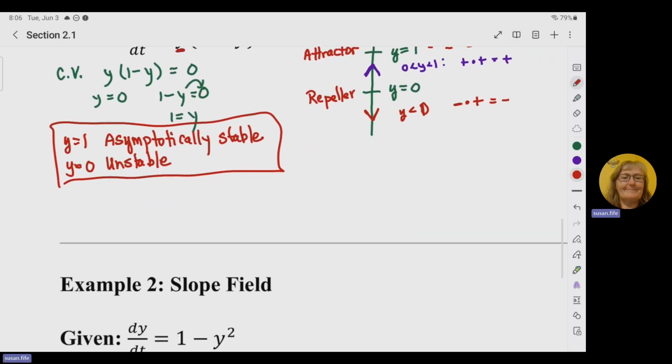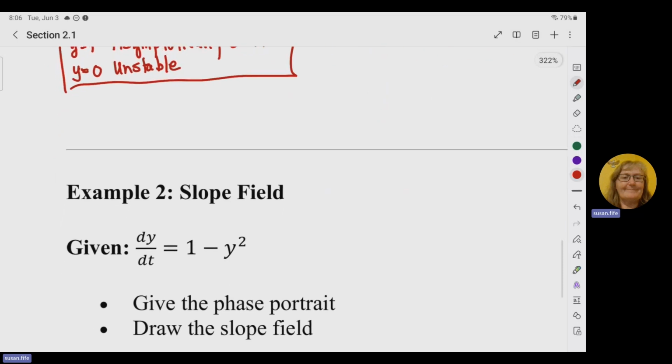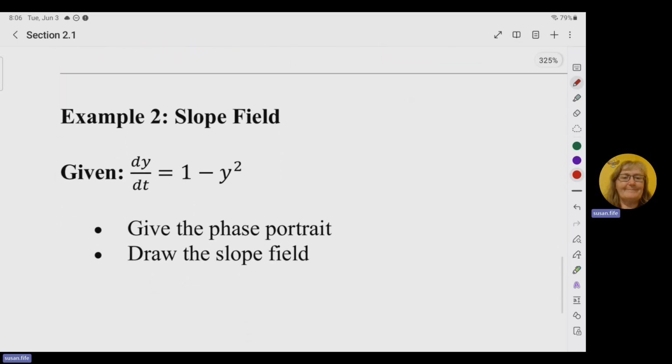We're going to do the same thing for example 2. We're going to graph the phase portrait, and then we're going to use the phase portrait to draw a 2-dimensional slope field. Here I have the derivative of y with respect to t is 1 minus y squared. So for the phase portrait, I'm going to take 1 minus y squared and set it equal to 0.